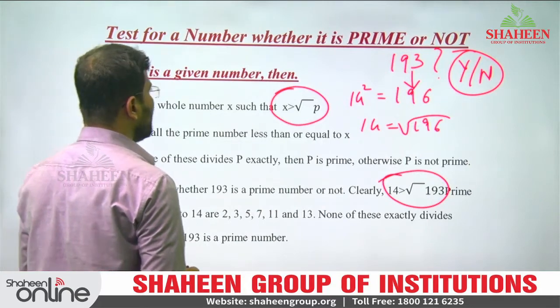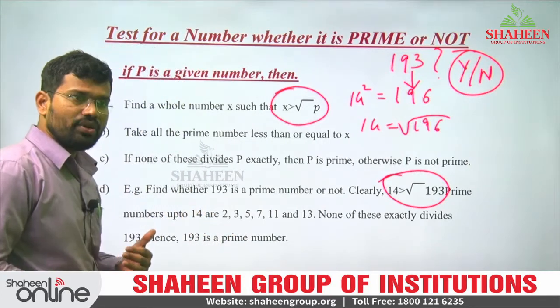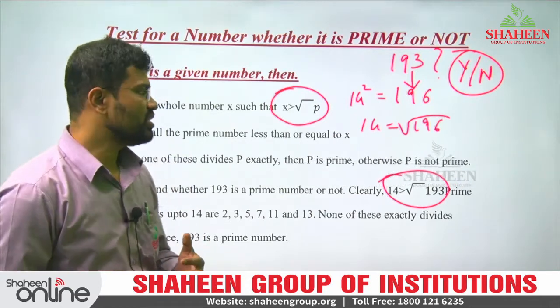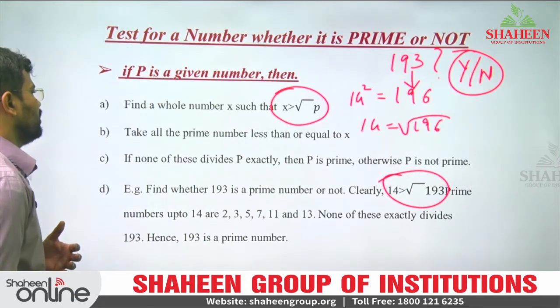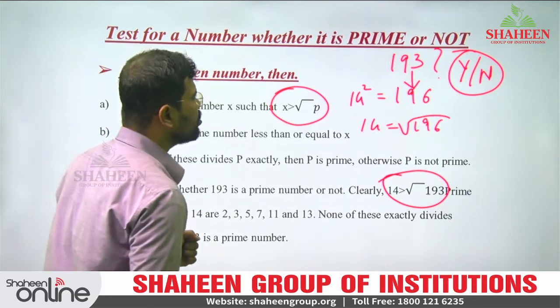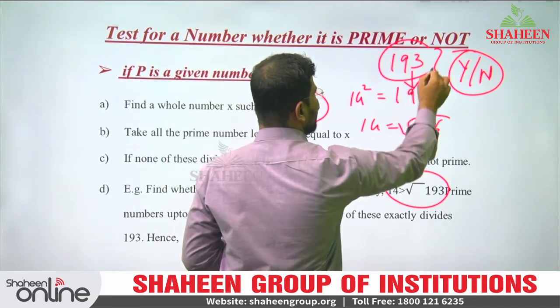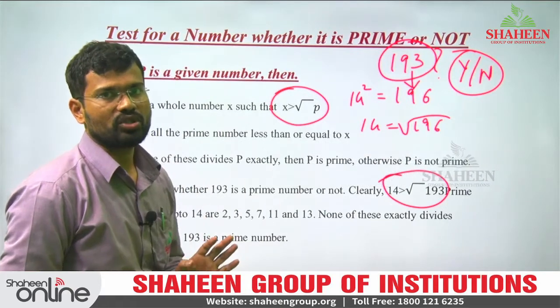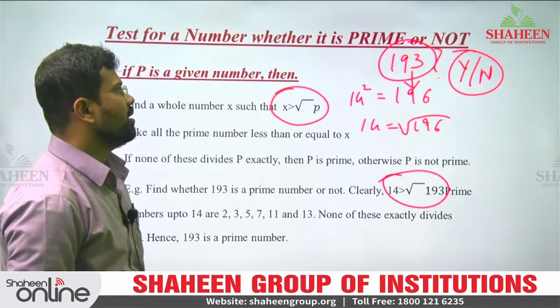Now, what do you mean by a prime number? The number which is divisible only by itself is known as a prime number. So if 193 is a prime, then it should not be divisible by any other number.